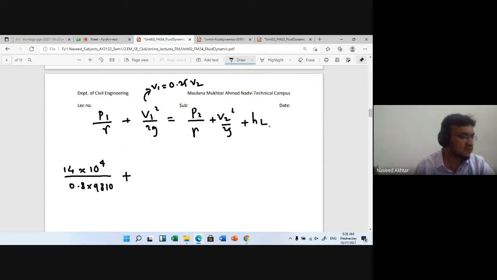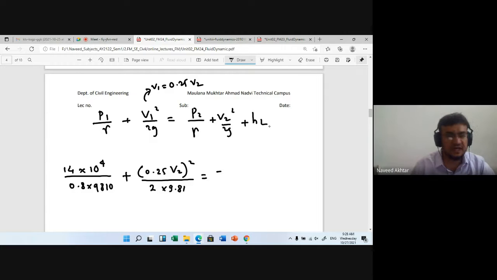So here I will write 0.25 times V2, whole square, divided by 2 into 9.81, the gravitational acceleration.